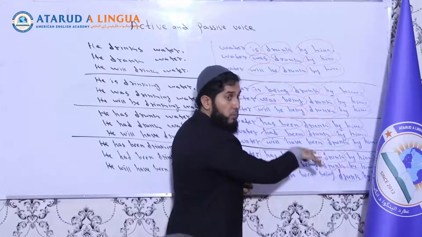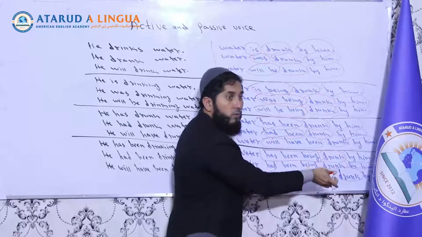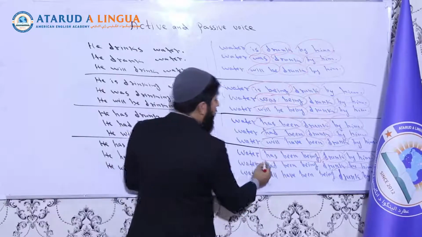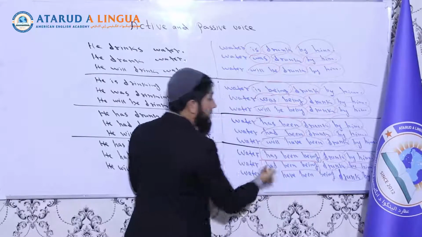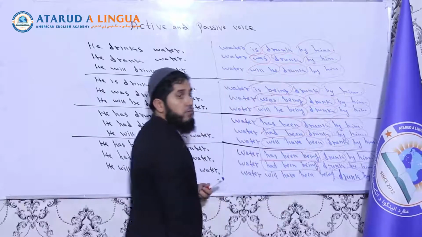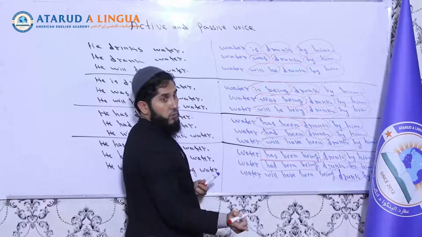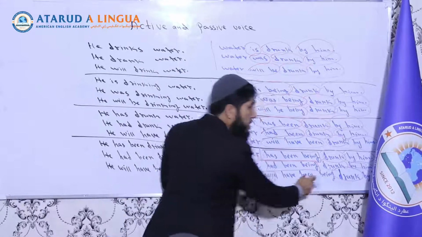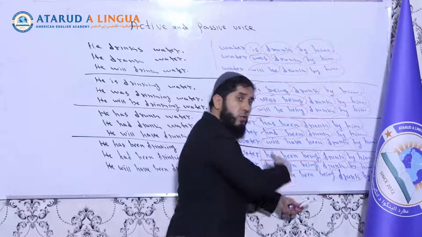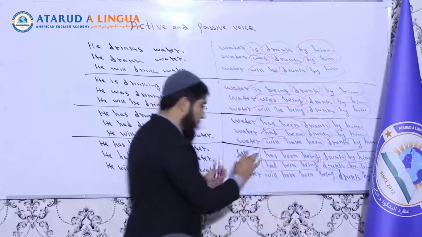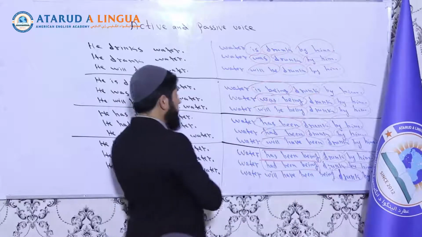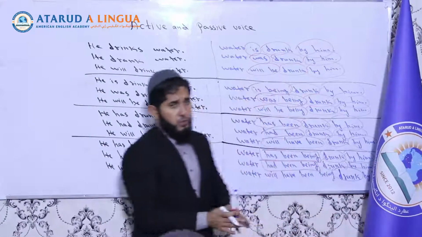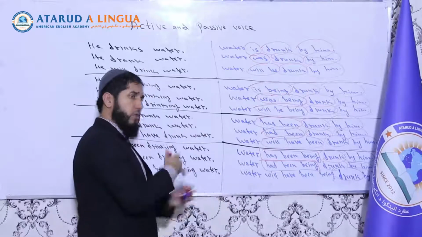Past perfect continuous: had been being, then main verb in past participle form. Future perfect continuous: will have been being, is going to have been being, or are going to have been being, according to the subject.